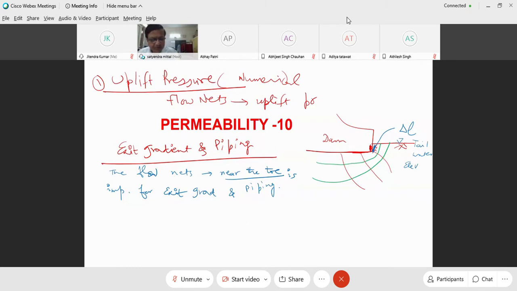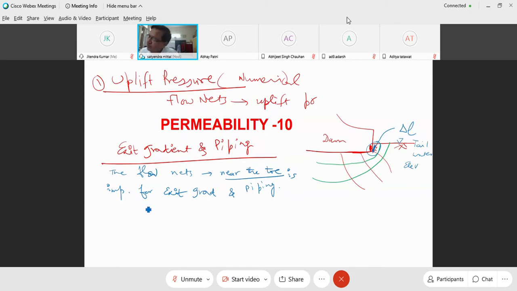This area is supposed to be the smallest square, so the smallest square has a delta L length that is also very small.